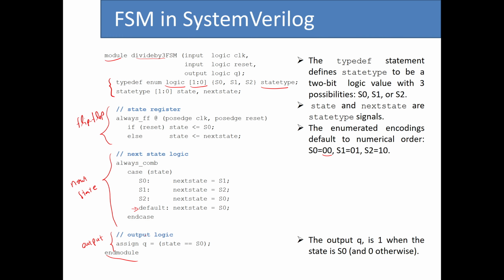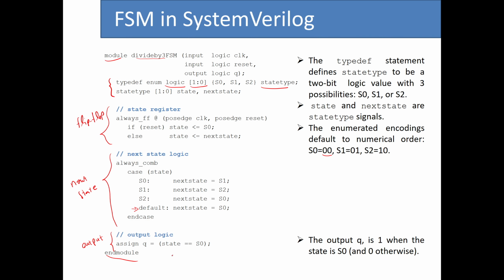And finally, as for the output, anytime our current state equals state 0, Q becomes 1 or true. You can implement this using other ways too. For example, you can use always_comb to do the implementation here, and for that you can just say if state equals S0, Q is 1, otherwise Q is 0, right?